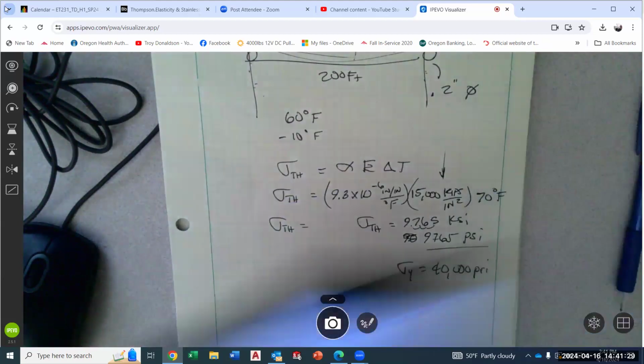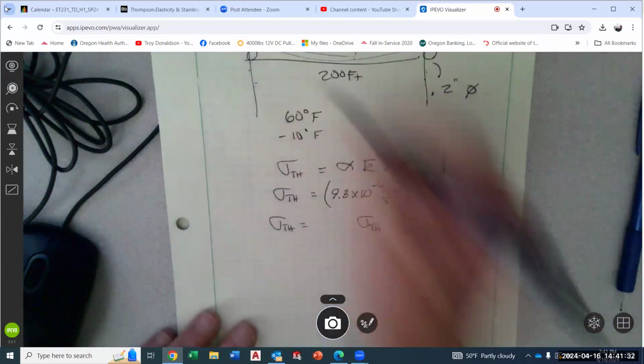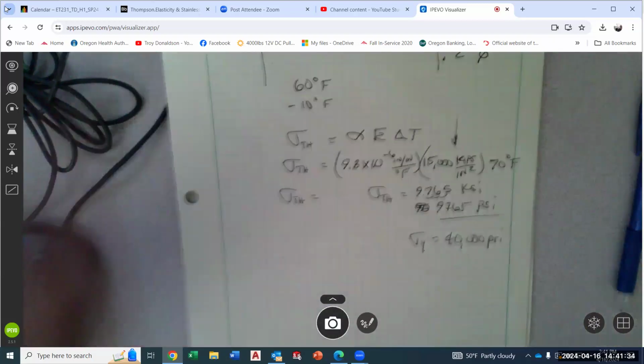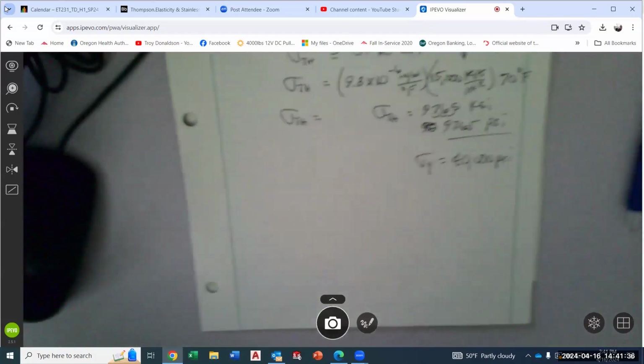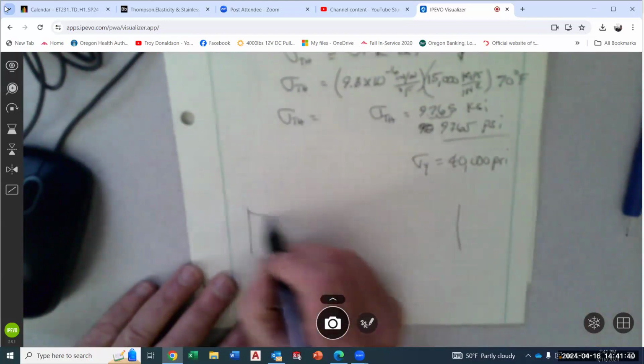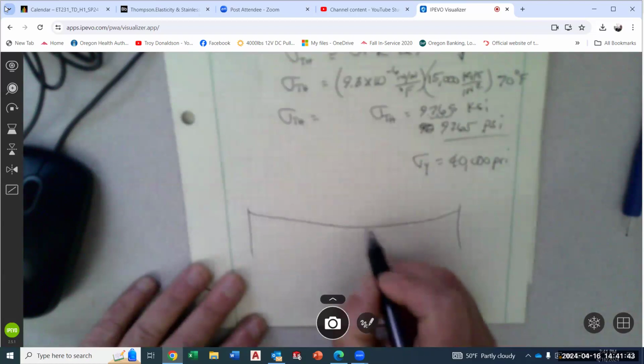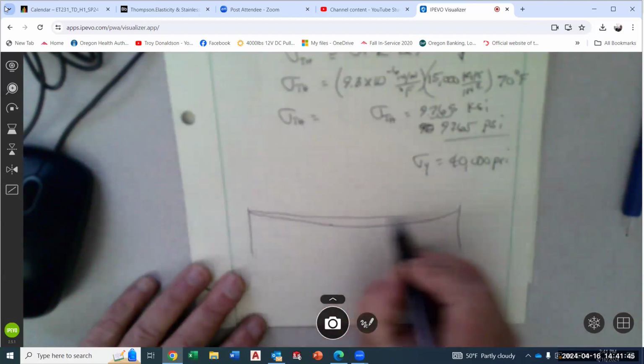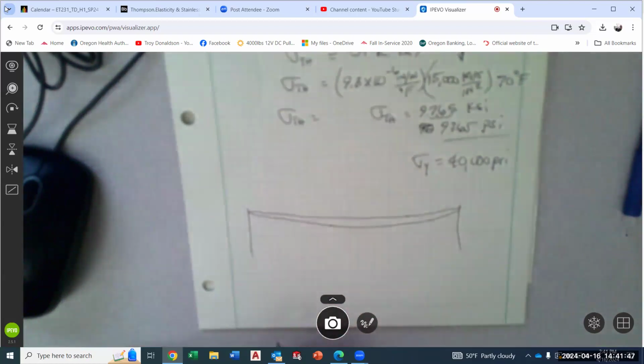So in the real world situation, we don't pull it tight. We put a bunch of sag in there. And the reason we do that, so here's a better picture of it, is so this can go from this position to this position, right?